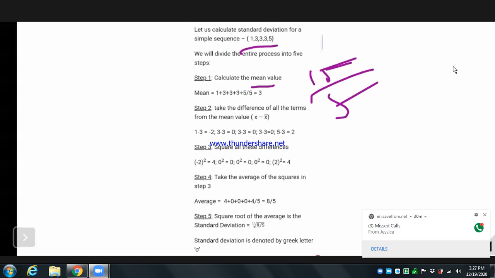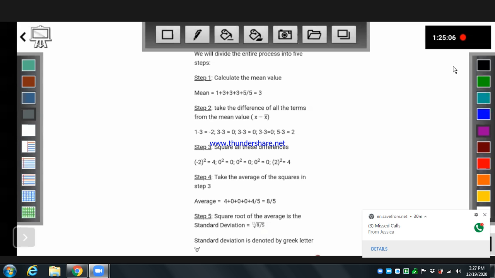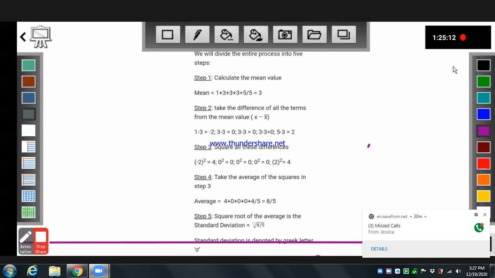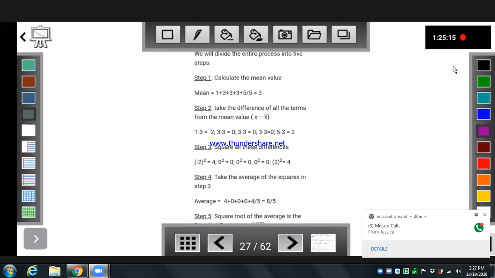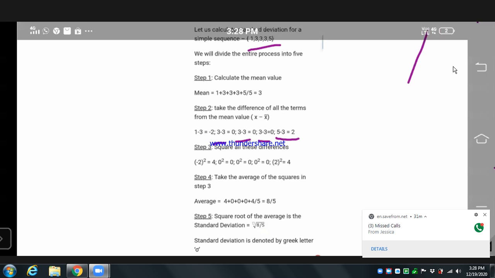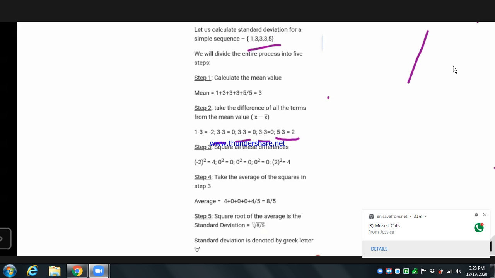After calculating the mean value, take the difference of all terms from the mean. 1 minus 3 is minus 2, 3 minus 3 is 0, 3 minus 3 is 0, 3 minus 3 is 0, and 5 minus 3 is 2. After making the differences, I am going to square all of them.